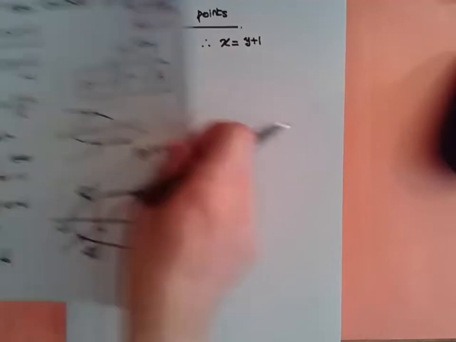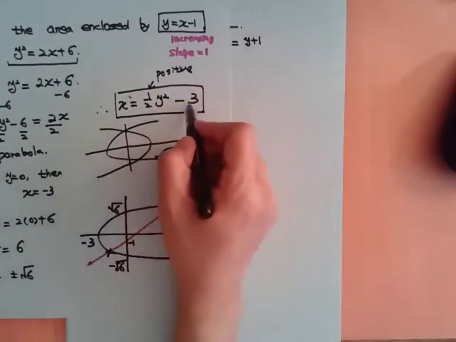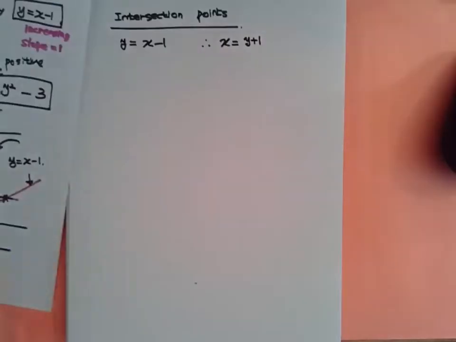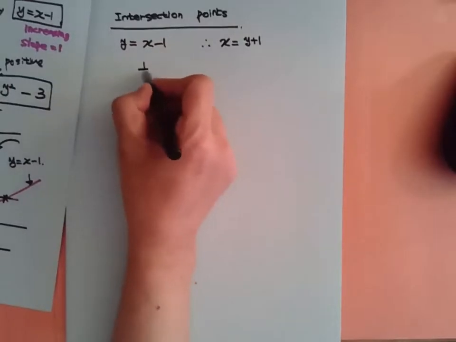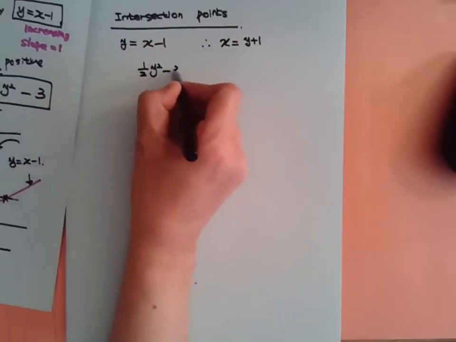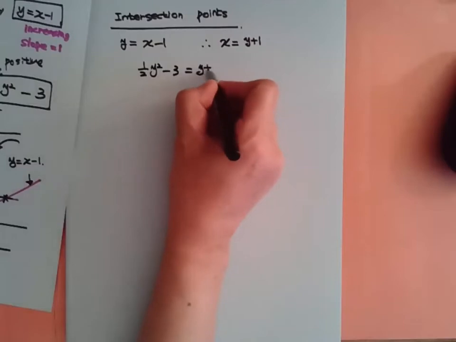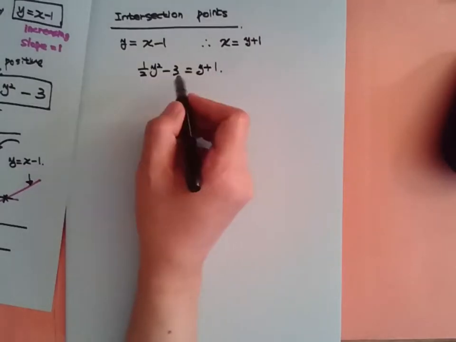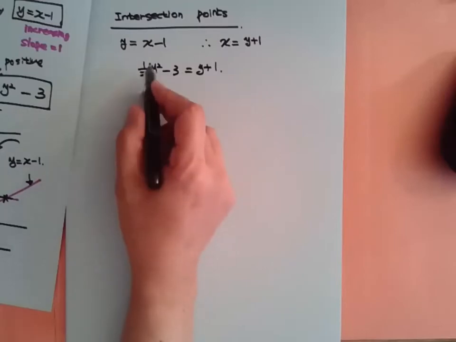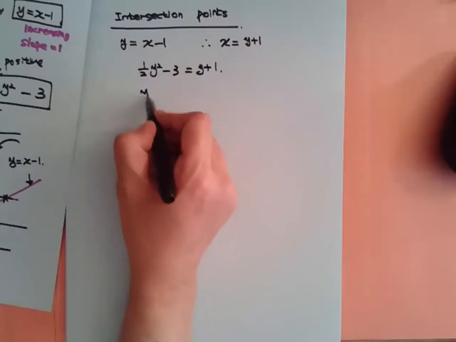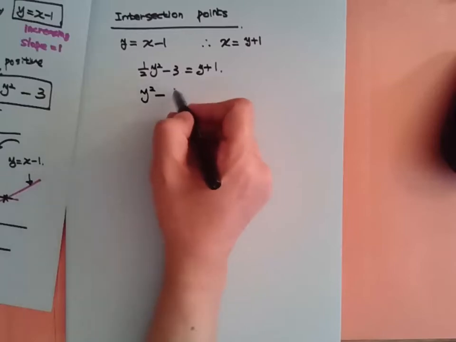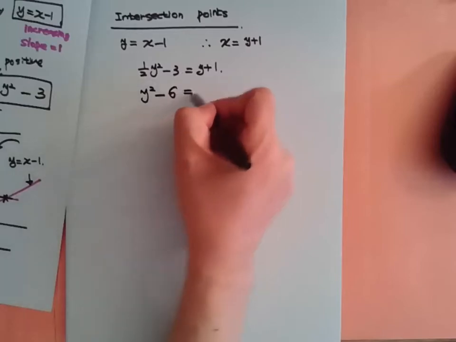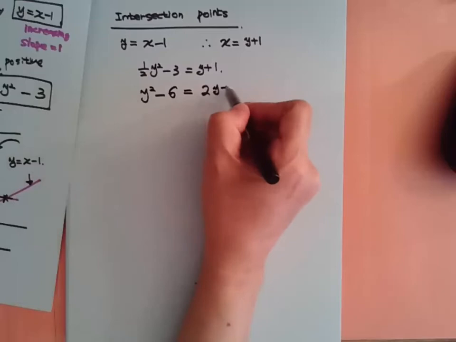And then we make these two equal. So 1 over 2 y squared minus 3 equals y plus 1. And then we multiply by 2 on both sides. Then the first one will become y squared minus 2 times 3, which is 6, equals 2y plus 2.